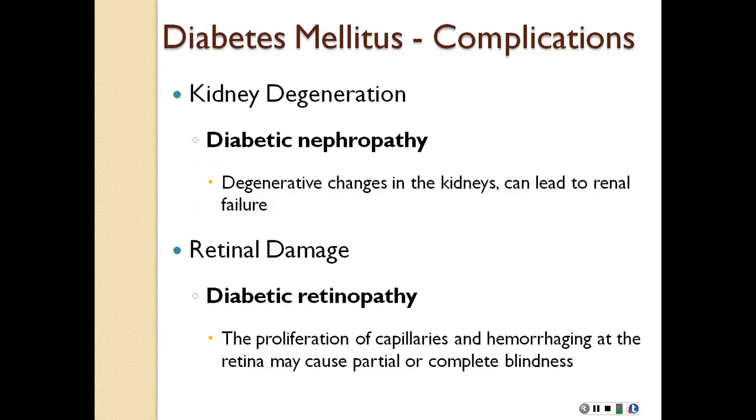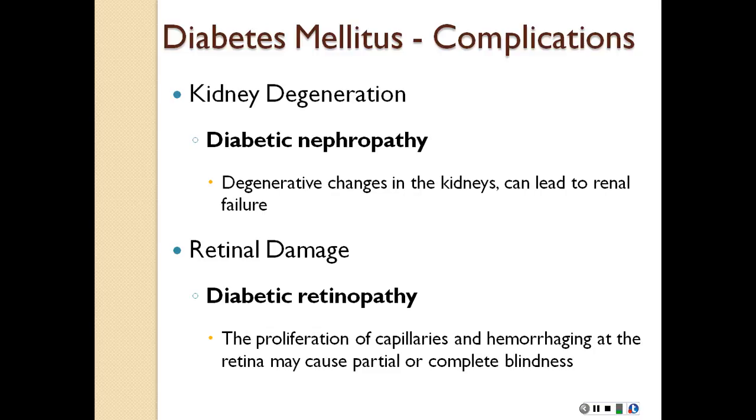The kidney damage that occurs is referred to as diabetic nephropathy. Nephrons are what make up the kidneys. Those start to become damaged, and they degenerate, leading to renal failure.